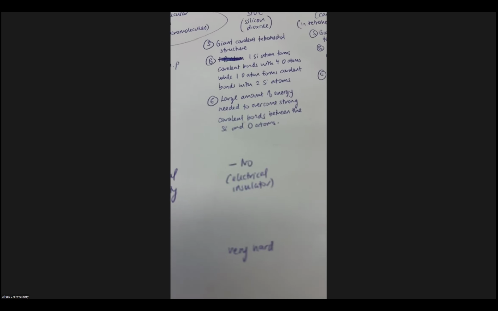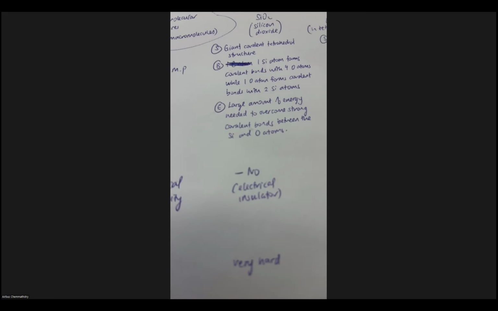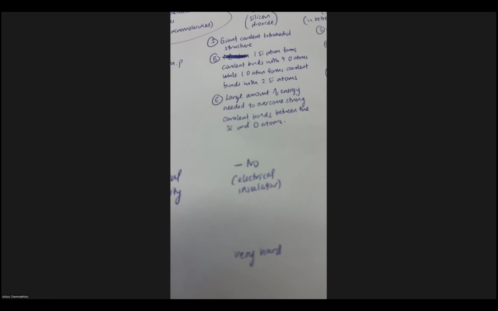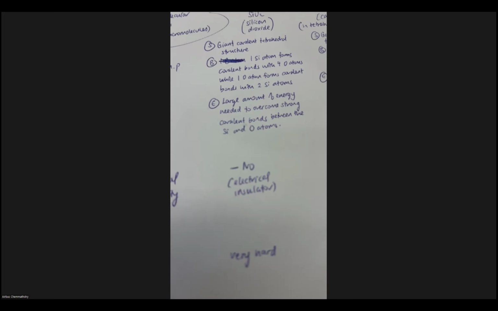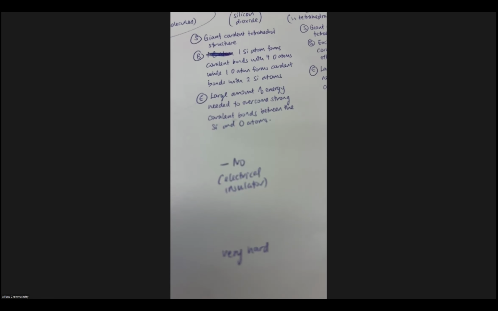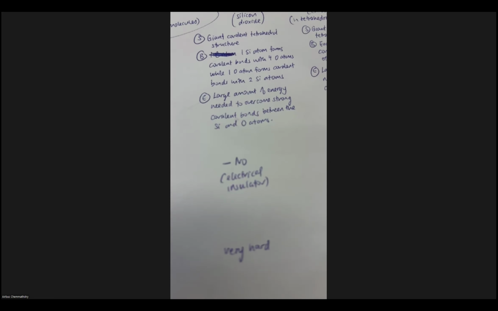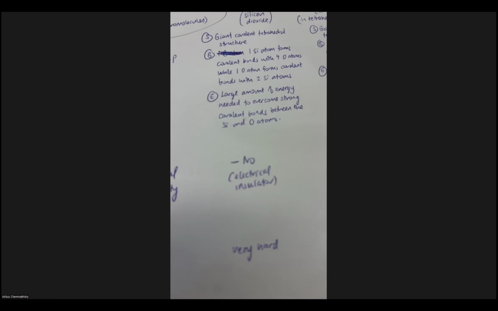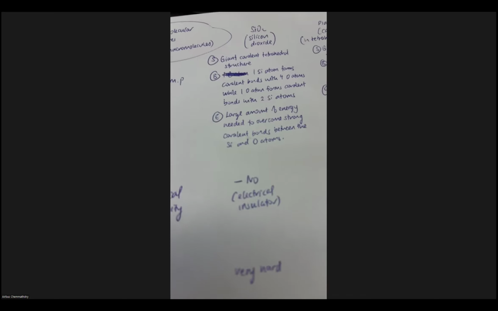That is why I talk about the strong covalent bonds. So for giant molecular structures, when accounting for melting points, we account for the large amount of energy needed to overcome the strong covalent bonds, specifically between the silicon and the O atoms.